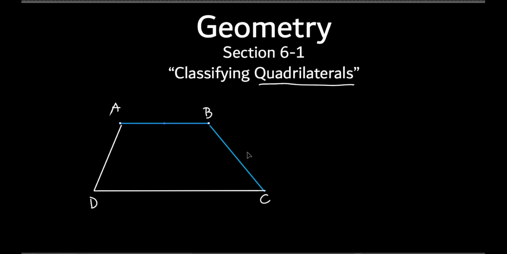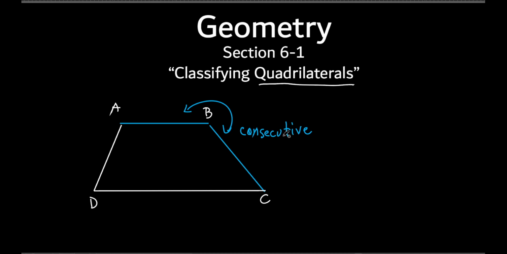Are they opposite sides? Are they opposite each other? No, they're right next to each other. We have a word for it. I don't know if you remember the word that we used. These ones right here, they're called consecutive. Yeah, you remember that word, don't you? Remember we talked about consecutive interior angles and all that kind of stuff? That means they're right next to each other. So AB and BC are consecutive sides.